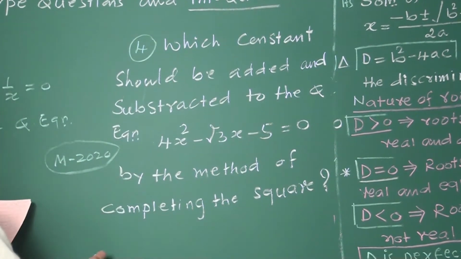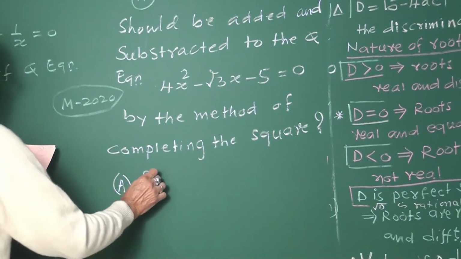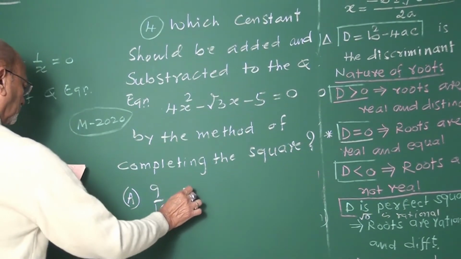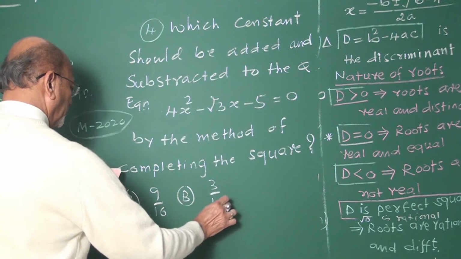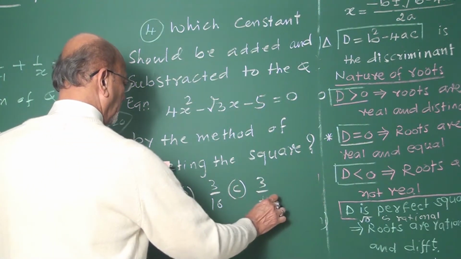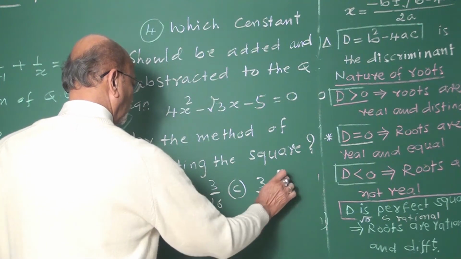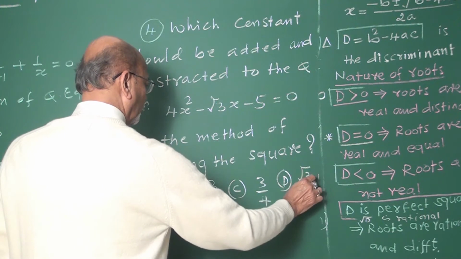This is the first option, A, 9 by 16. Second option is B, 3 by 16. Third option, 3 by 4. Fourth option is root 3 by 4.